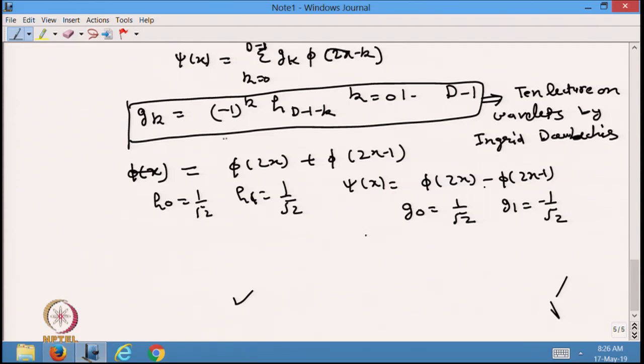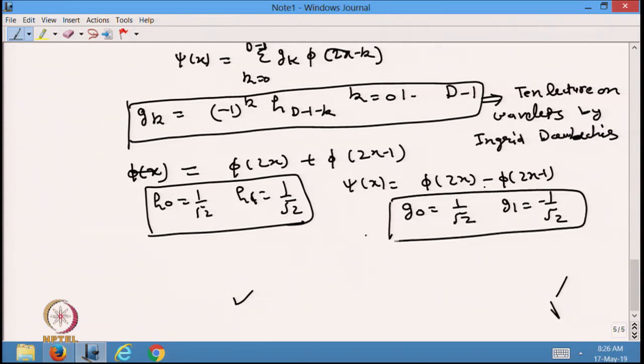You can cross check that this relation will be satisfied for these values of H and G. You can take it as an exercise.